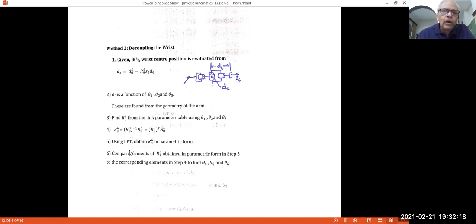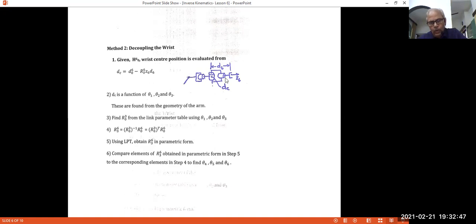Once we do that, we can get the rotation matrix R63 by pre-multiplying R60 with R30 inverse. R30 is now known to us already because theta 1, theta 2, theta 3 are known by that geometric means. From H30, we can obtain the rotation part. R30 transpose, or inverse of it, multiplied by R60 gives R63.